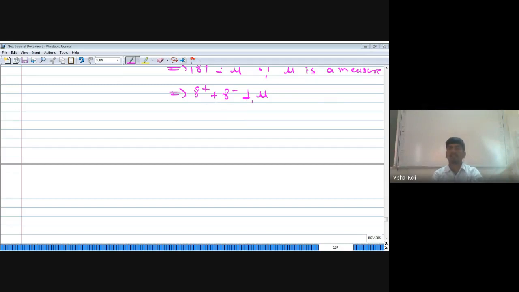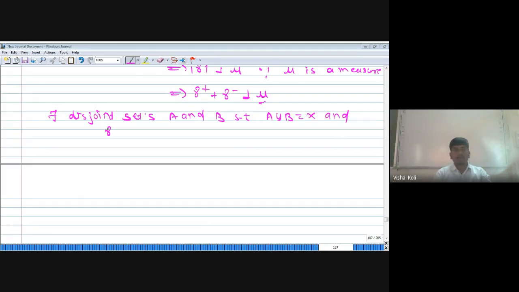As here gamma plus plus gamma minus is mutually singular with respect to this measure mu, there exist disjoint sets A and B such that A union B equal to X and gamma plus plus gamma minus of A equal to 0 and mu of B equal to 0, which is from the definition of mutually singular measures.